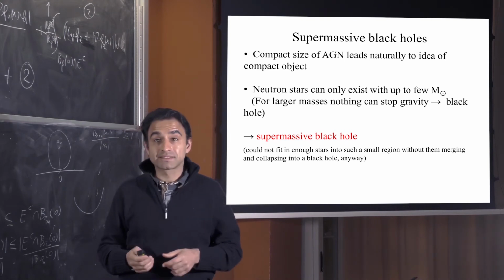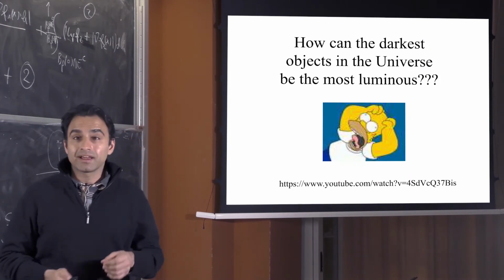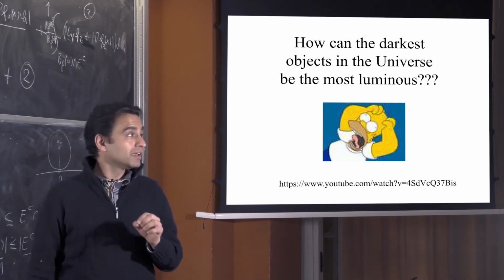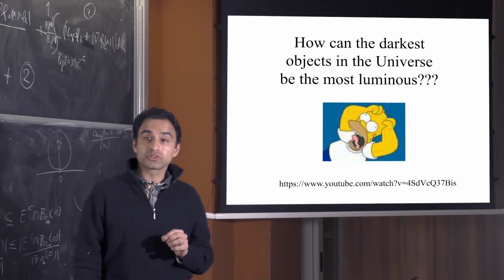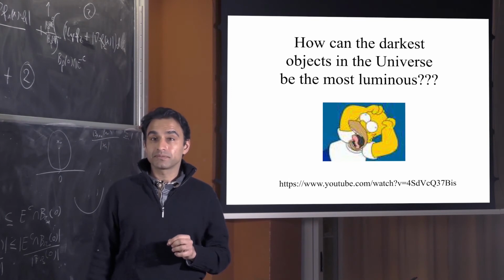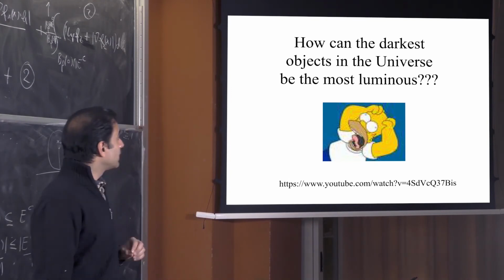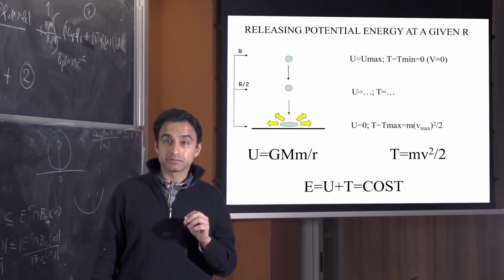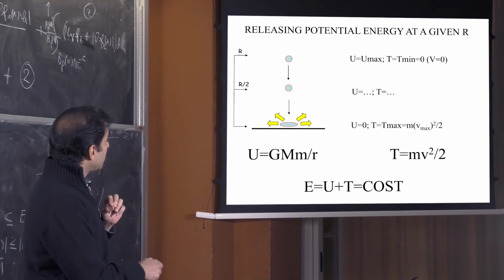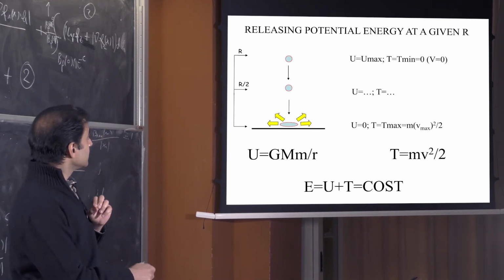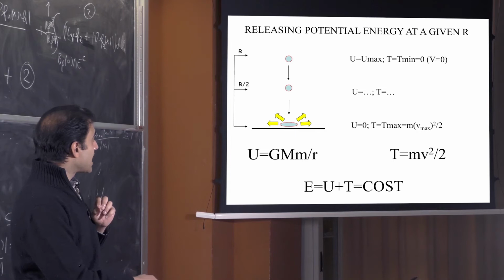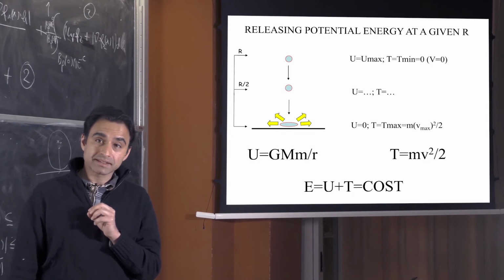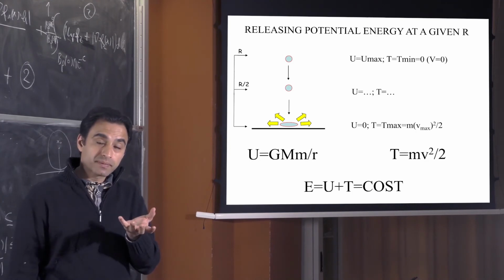Now, some of you might ask, how can a supermassive black hole, that by definition is very black, be the most luminous source in the whole universe, like a quasar? This is a very fair question. Well, in order to answer that, let's go back to Physics 101. If you have a ball over here that is displaced from the ground by a distance r, this ball has a certain potential energy.